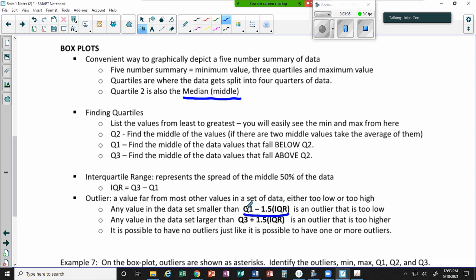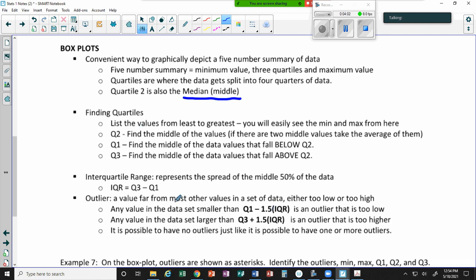You take the first quartile, subtract 1.5 times your IQR, your interquartile range. Okay, it'll tell you the lower limit. So anything below this value will be an outlier. To find the upper limit, you do Q3 plus 1.5 times the IQR. Okay, that'll tell you anything higher than that number will be an outlier on the top end.